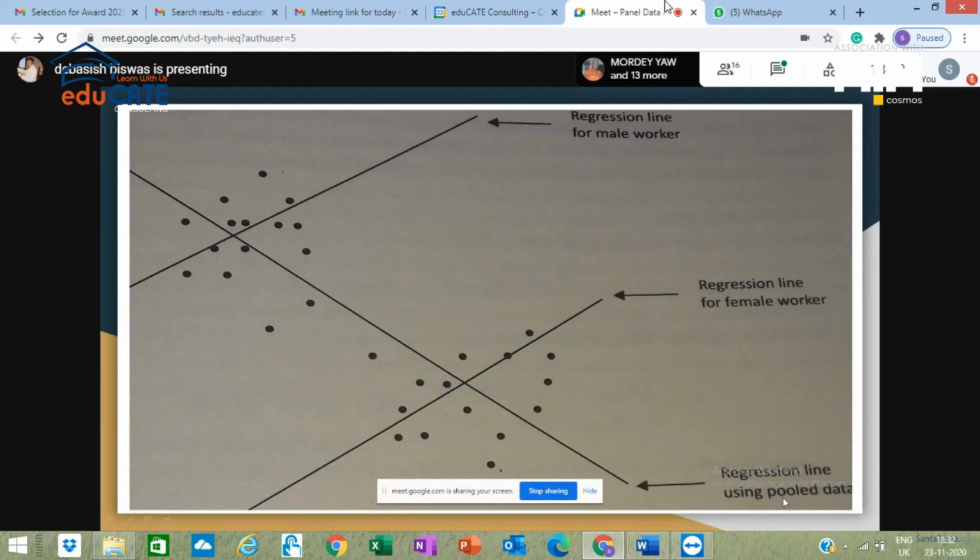Pooled means when we are not segregating. In the case of male and female, there is no difference. You are only taking the earnings at different levels of education. But you are not saying that for the education of male, this is the earnings of male. In this way, you are not classifying.